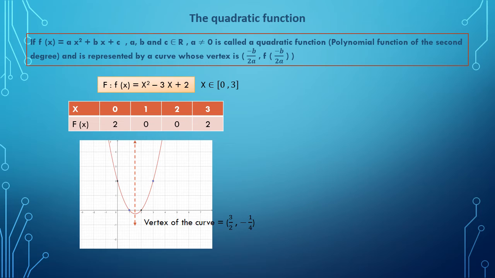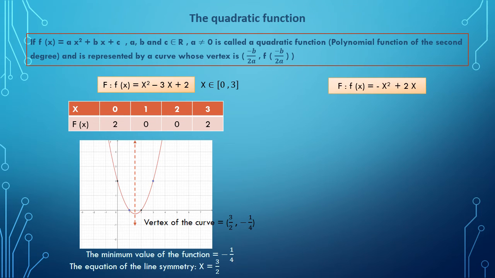The equation of the axis of symmetry belongs to x, so x equals 3/2, and the minimum value will be negative a quarter, the point where the curve decreases, like this.